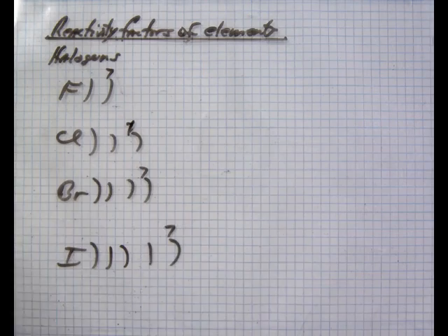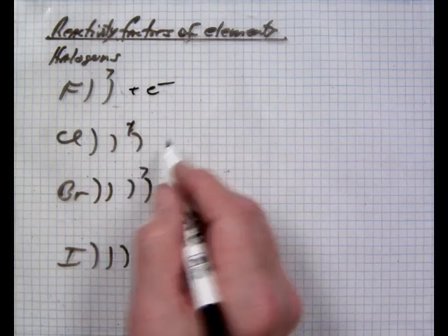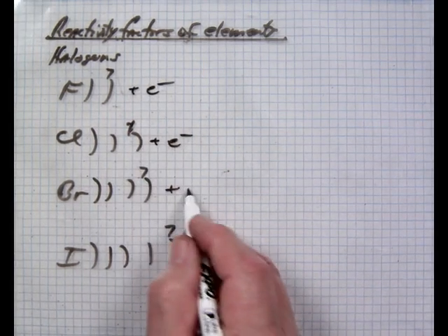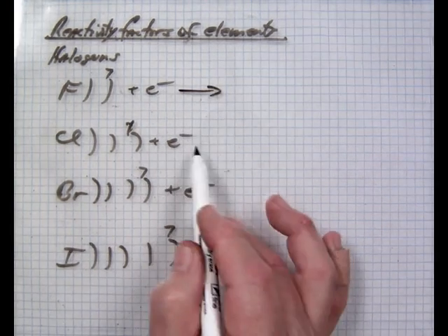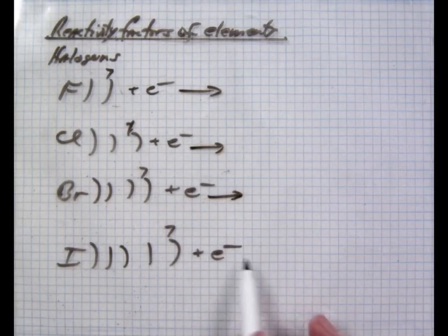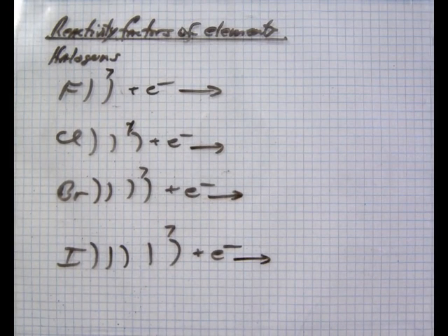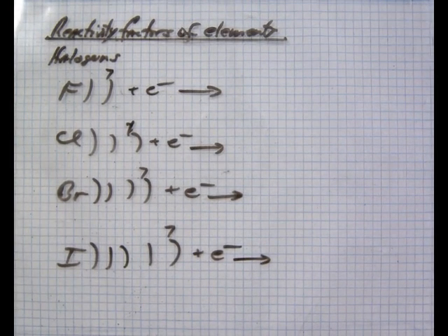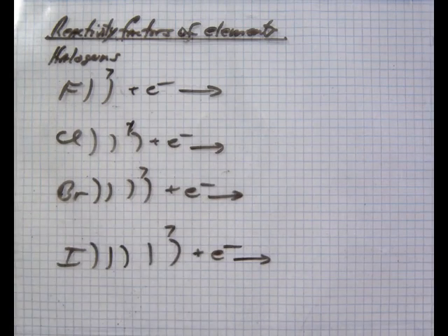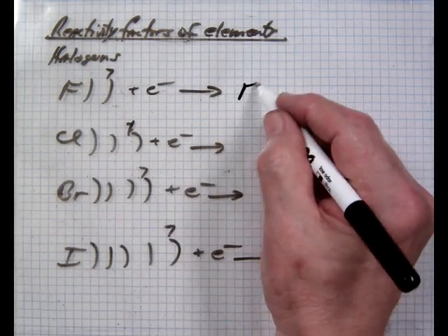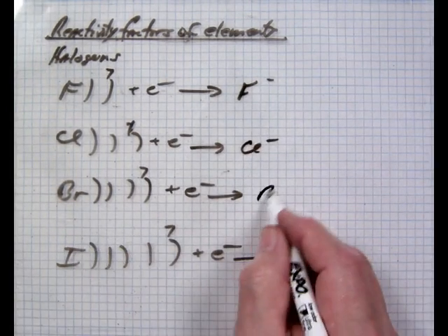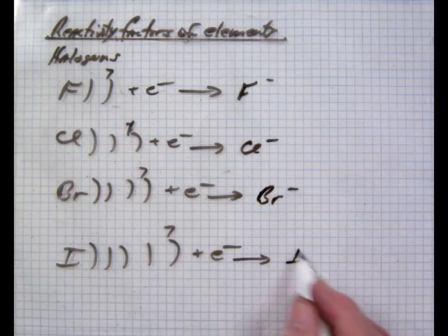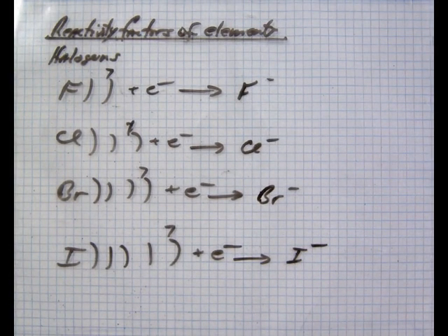And so their tendency in each case would be to gain an electron to achieve the anion that we need for making the ionic bond. This goes to F minus 1, chloride minus 1, bromide minus 1, and iodide minus 1.